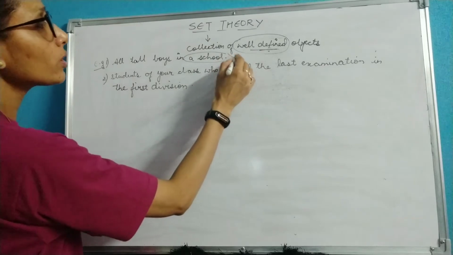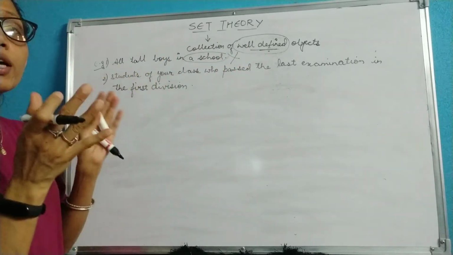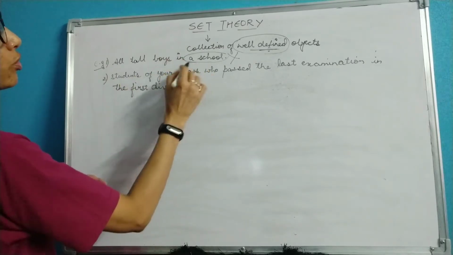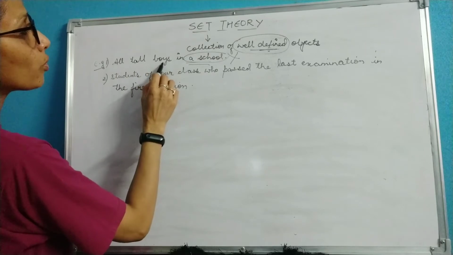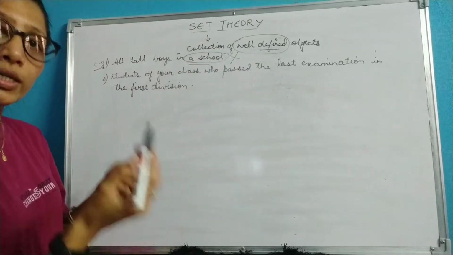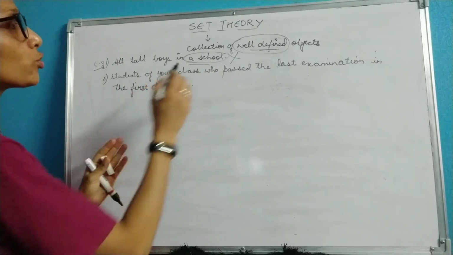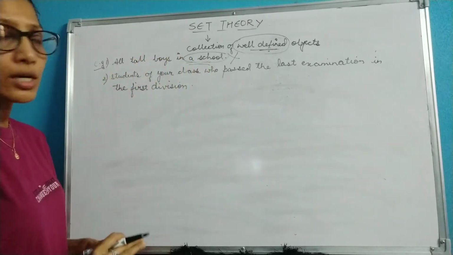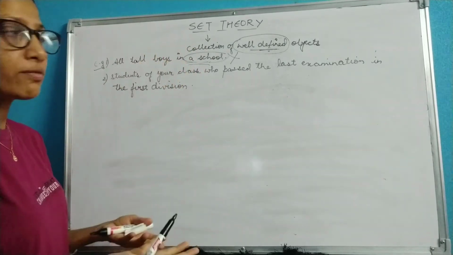So it is not a well-defined object. It means it is not a collection of well-defined students of a particular school. If it is given like this, all tall boys of Sanskar school, then yes, it is a set, because you have in particular chosen a school, that is your Sanskar school. Here it is not a set because it is not well defined.